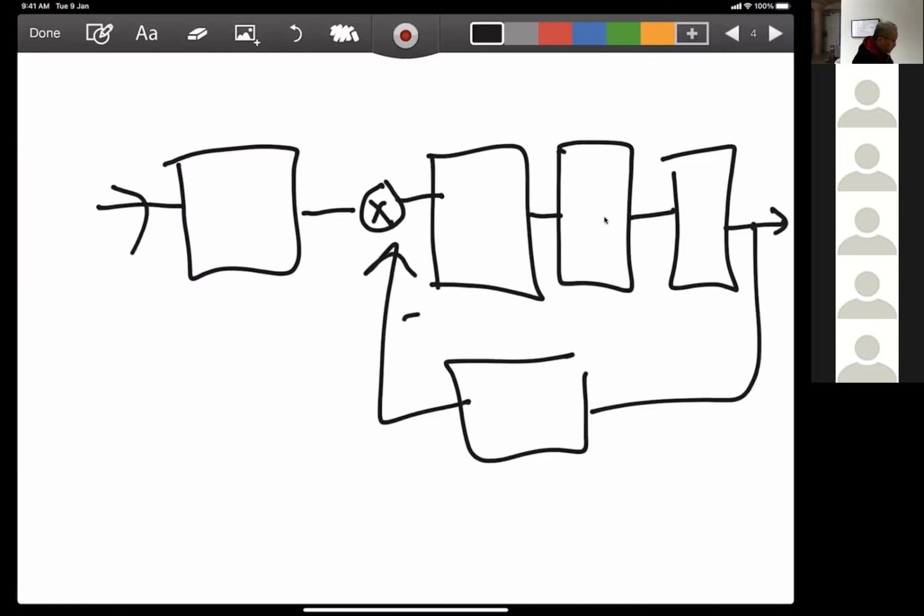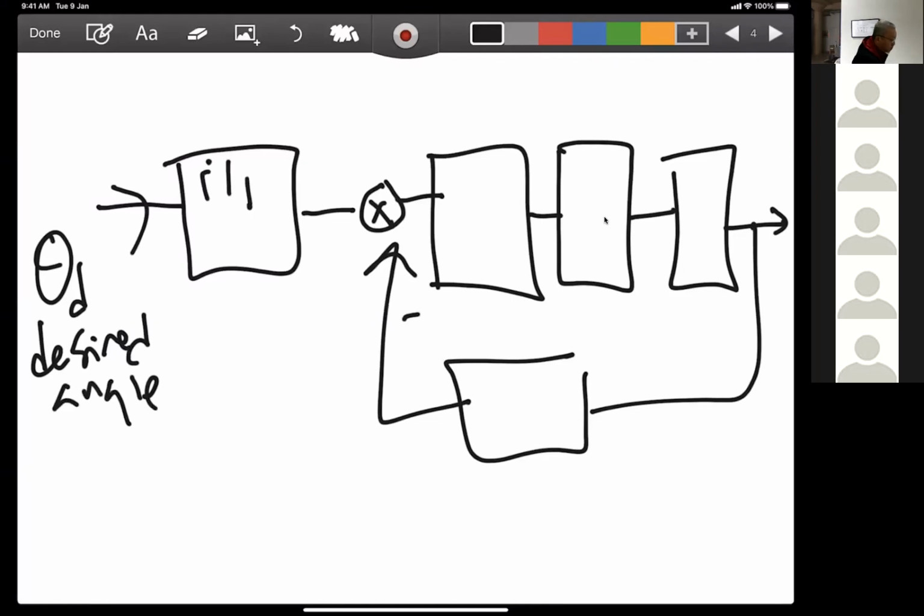Okay, so this is the desired input. Transducer, error. This is a controller.